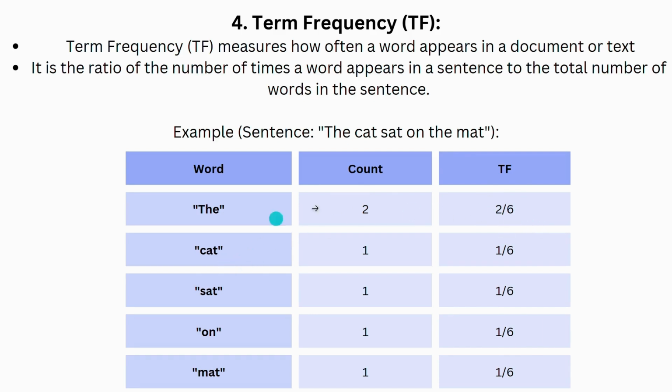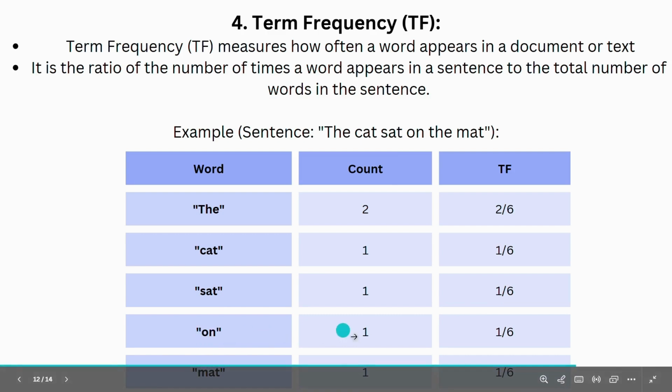Next, cat. In the sentence, cat appears only one time. So the count is 1 and the term frequency is 1 by 6. Why 6? Because in this sentence there are 6 words. Same as sat. Sat is counted one time, so 1 by 6 term frequency.